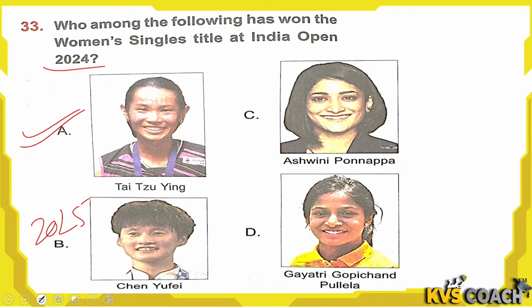And Ashwini Ponnappa never received this title, and Gayatri Gopichand also never received this title. Actually, they have won many awards, both of them, but they never received the women's singles title. Actually, Gayatri Gopichand always plays in the doubles. Okay, so how can she get the women's singles title? Okay, the right answer for the 2024 women's singles title is option A.